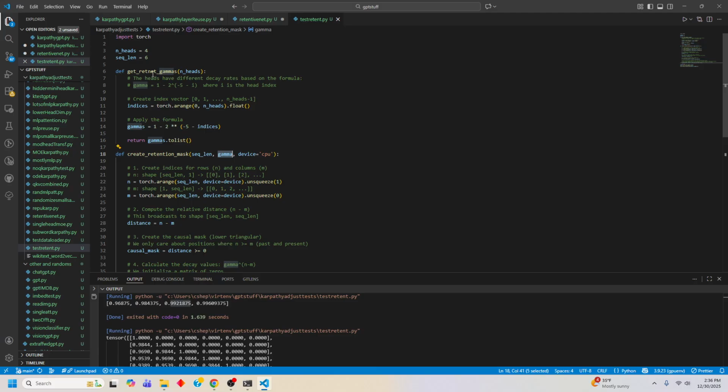For each head, you'll get a certain gamma value, which is each of these. That allows each of the heads to be different and attend to different things, is what the paper says.